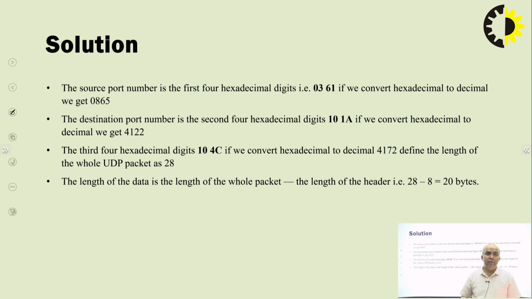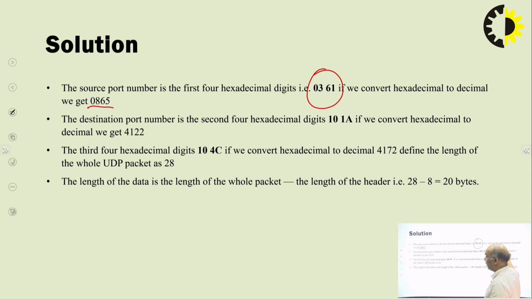We have to place these according to the length of each field. As each is 16 bits, that is 2 bytes, which defines how many hexadecimal values come into the source port number, how many into the destination port number, and so on. If we convert it into decimal, we will get this.